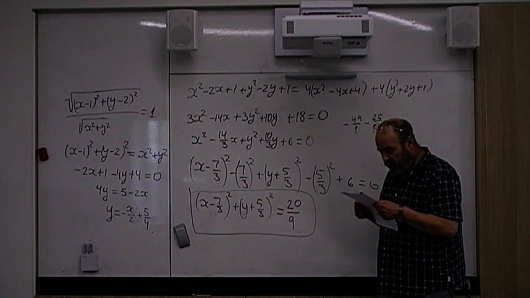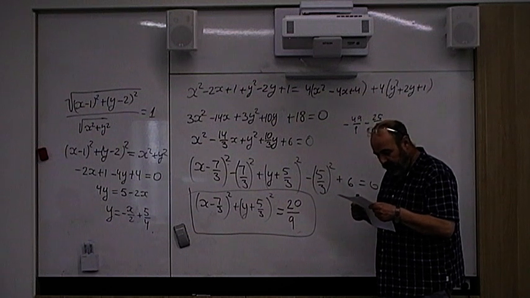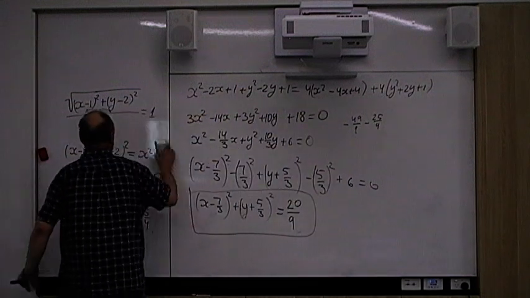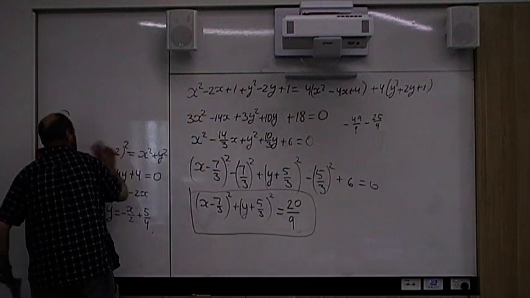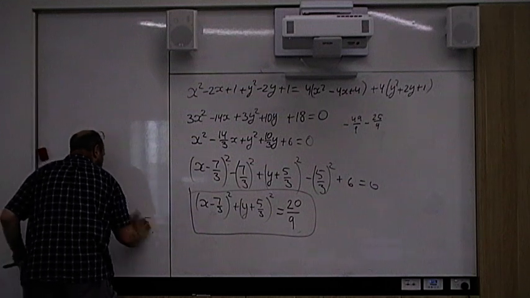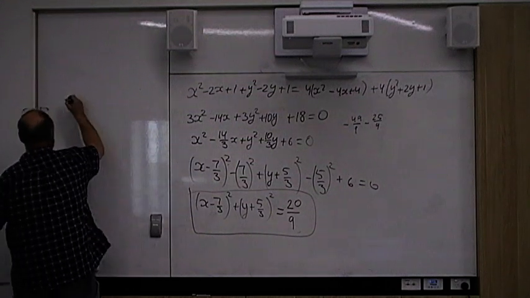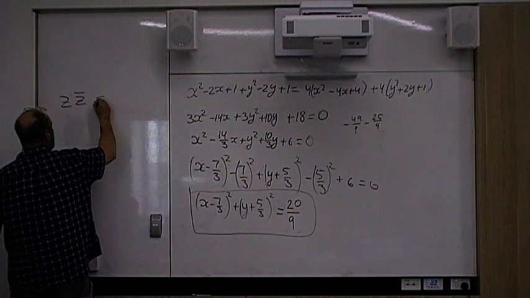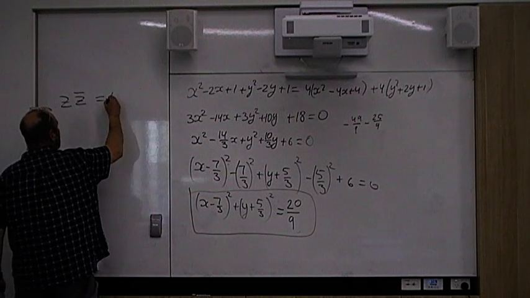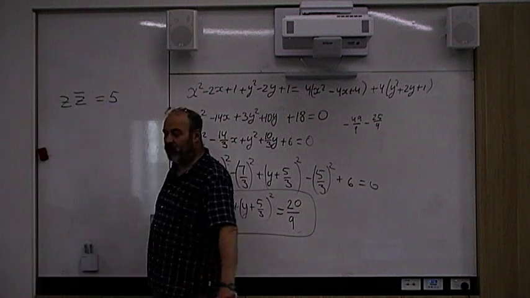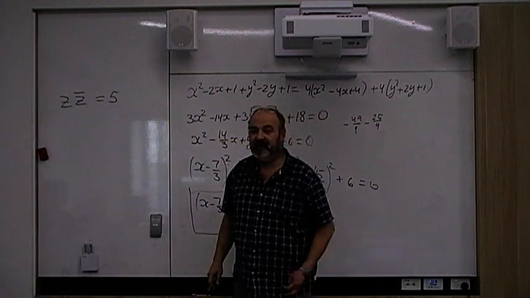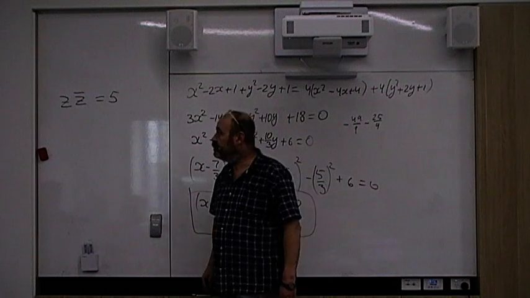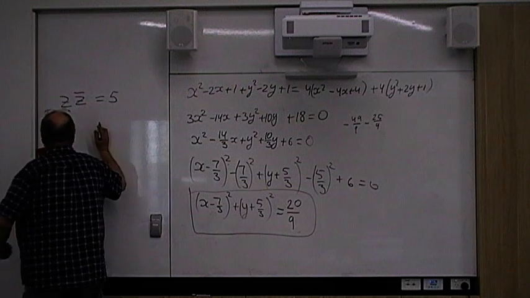And one more thing: what will be the shape if we have z times conjugate z equals, let's say, 5? Let's find the Cartesian equation.